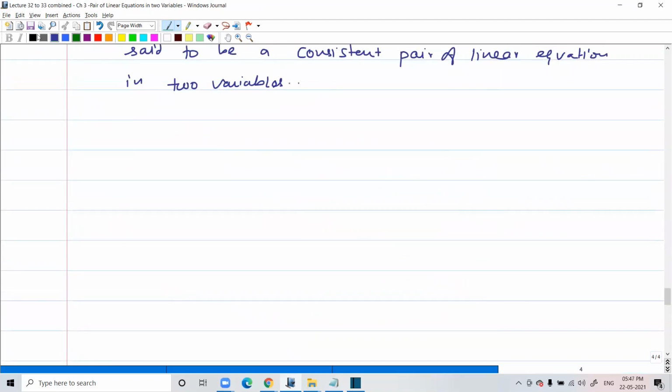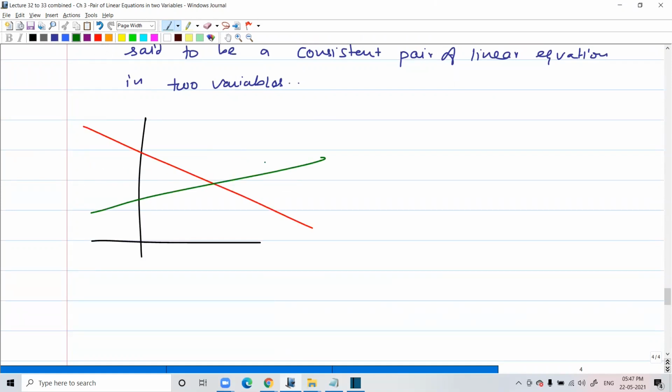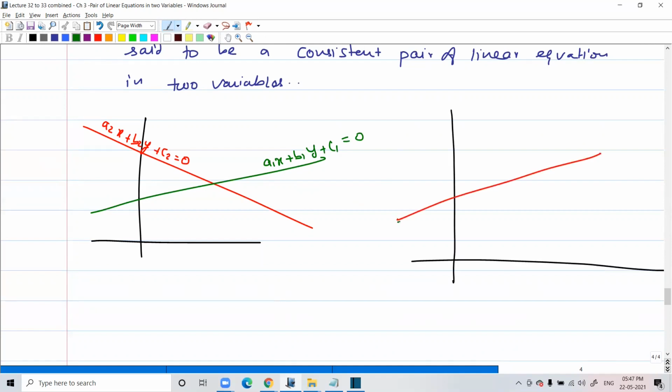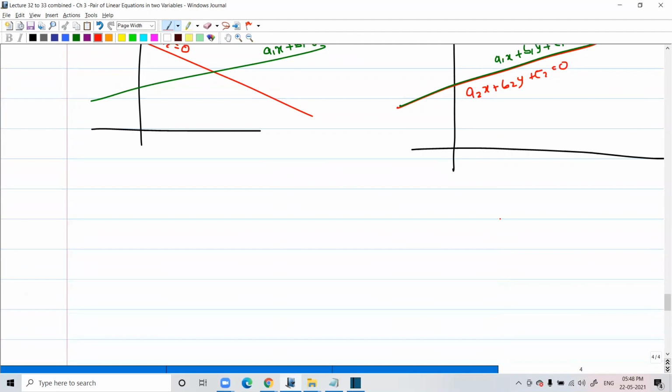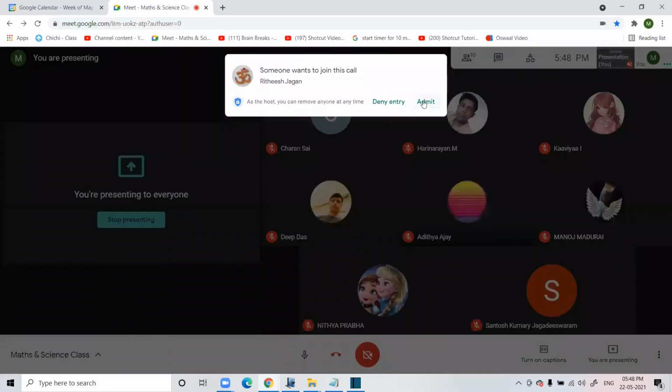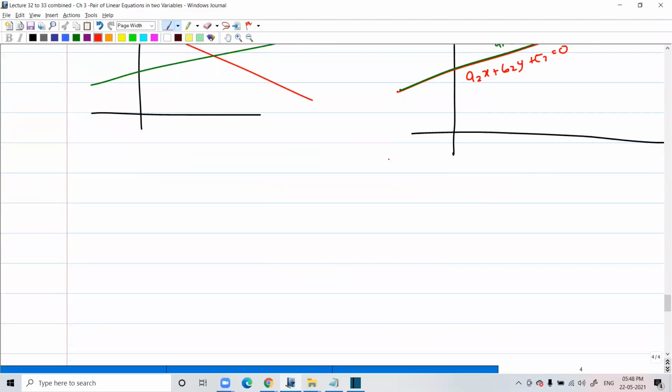Since I said consistent, let me quickly draw the graph of these two. So this is a consistent pair of equations. If I had two lines which were on top of each other, then these types of equations are consistent. Now, what will be inconsistent?